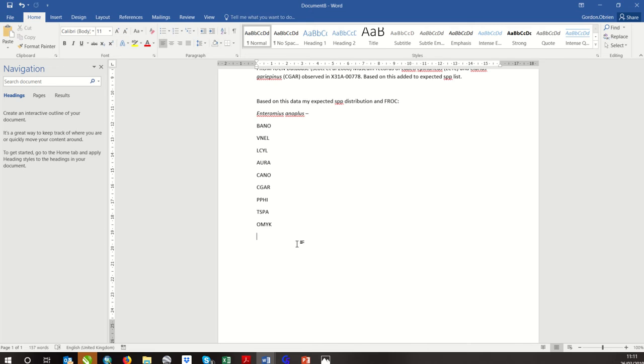frequency of occurrence. So a reference FROC determined using availability of fast velocity depth profiles and substrate types in relation to reach.